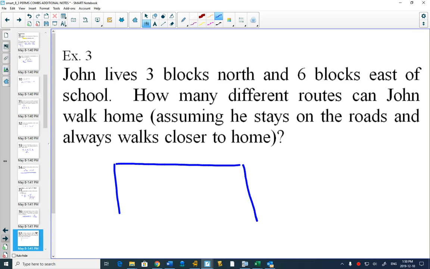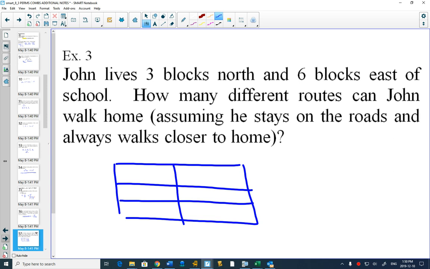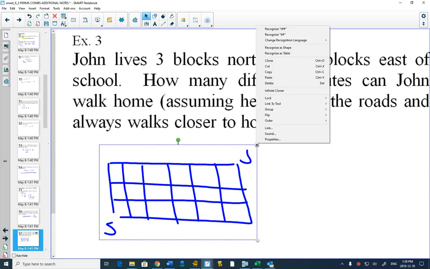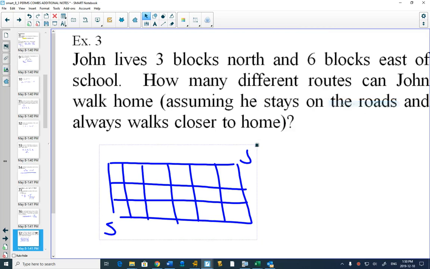So this is where John lives, and this is school. And we have done questions like this before.